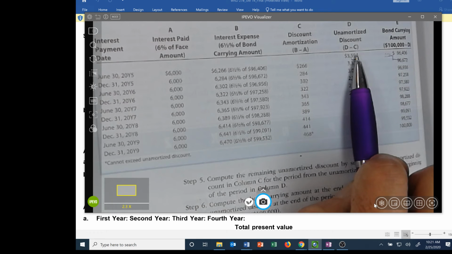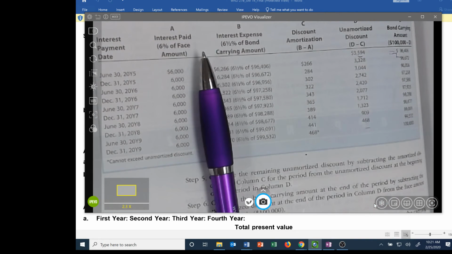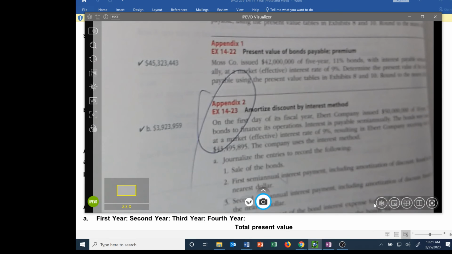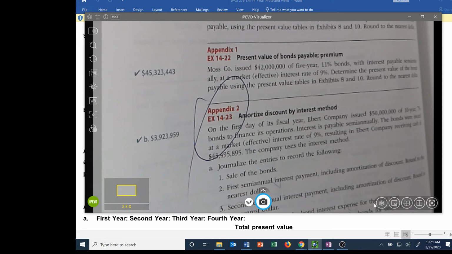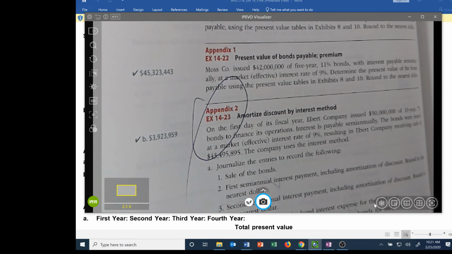All right, now let's get in your interest rates here. Interest paid. After 10-year 7% bonds, what's half of 7%?